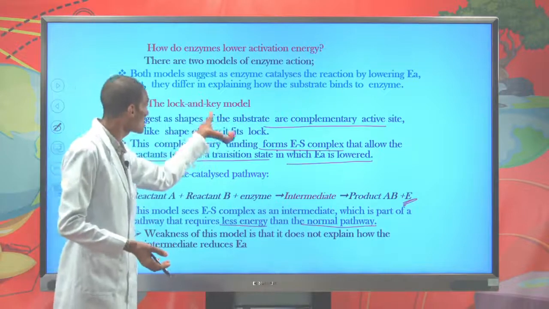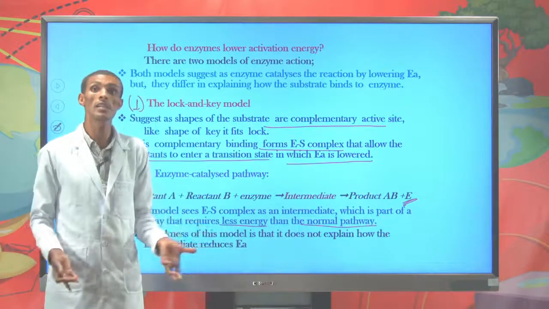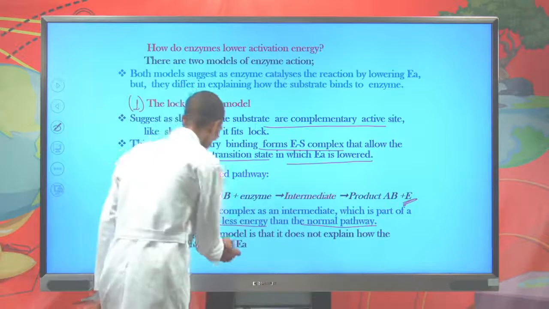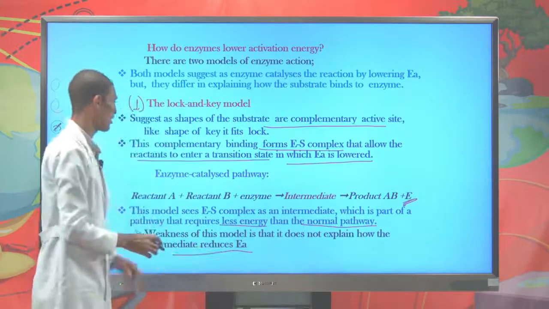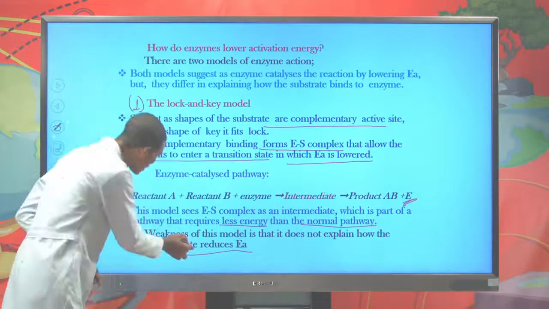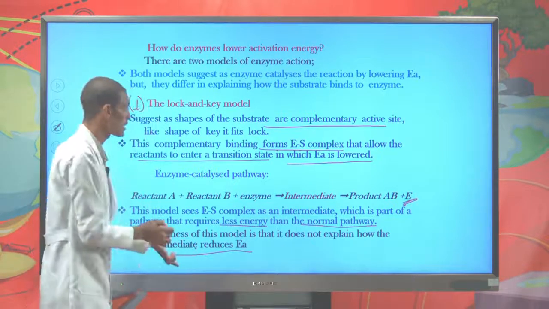The great weakness of this model is that it doesn't explain how activation energy can be lowered, how the intermediate has a lower activation energy than the normal pathway.